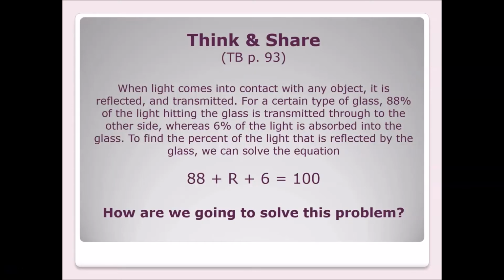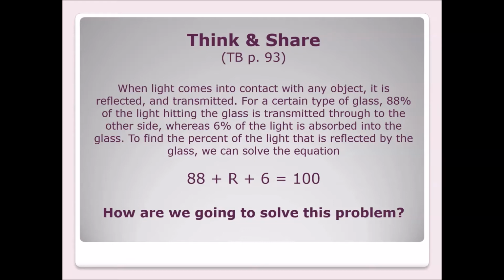So it's time to refresh our minds by doing this problem. Let's read all together. Ready? Go. When light comes into contact with any object, it is reflected and transmitted. For a certain type of glass, 88% of the light hitting the glass is transmitted through the other side, whereas 6% of the light is absorbed into the glass.